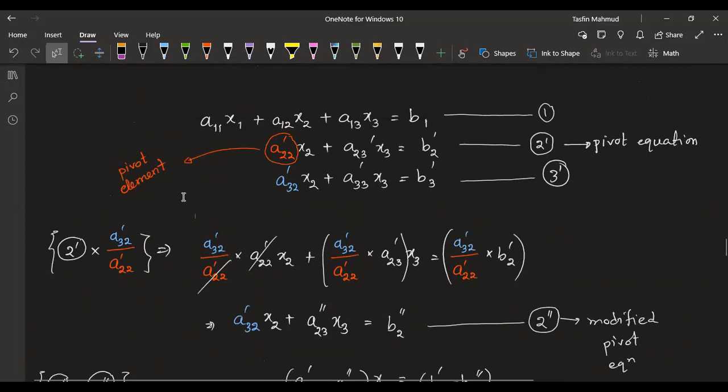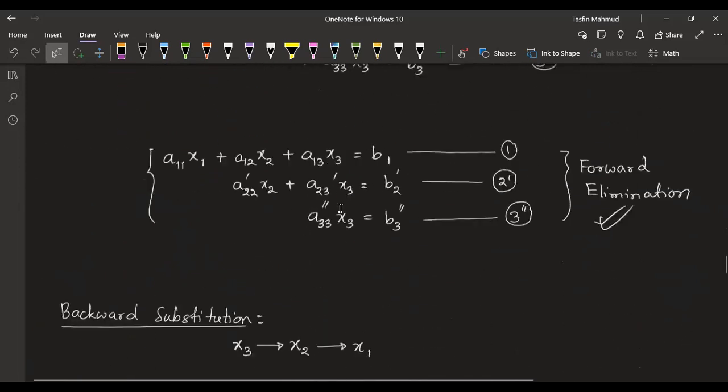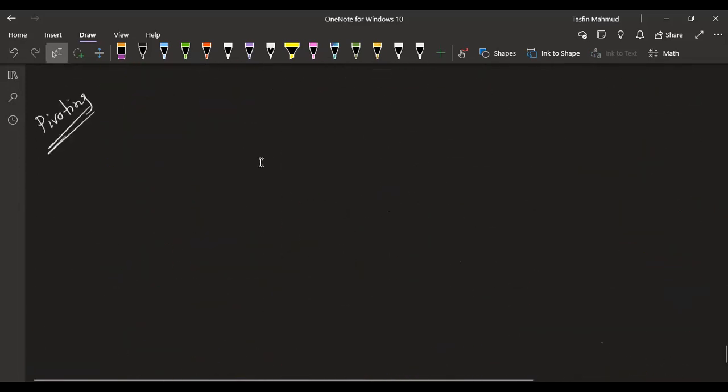If in some case the pivot element becomes 0, what will happen? Let's assume we have a system of equations that looks like this. We have 2y minus 3z equals 9.